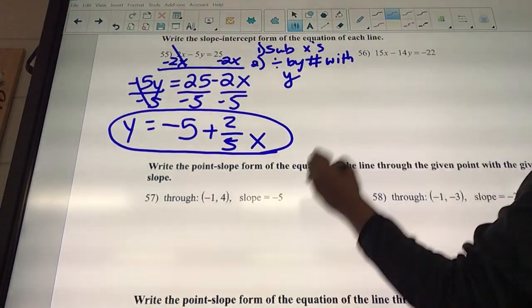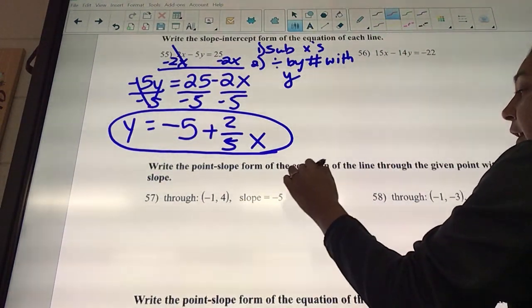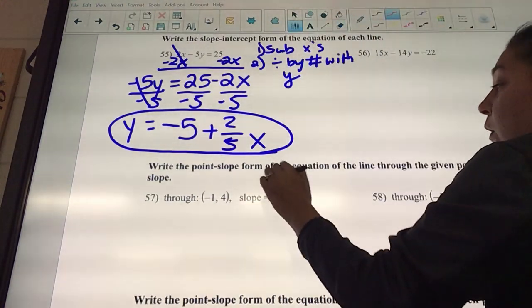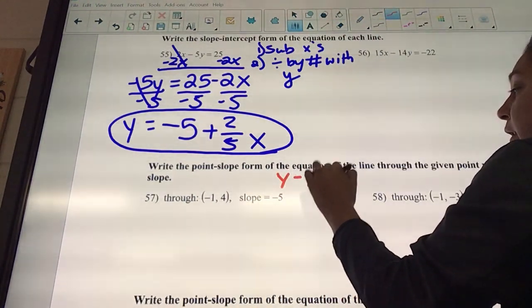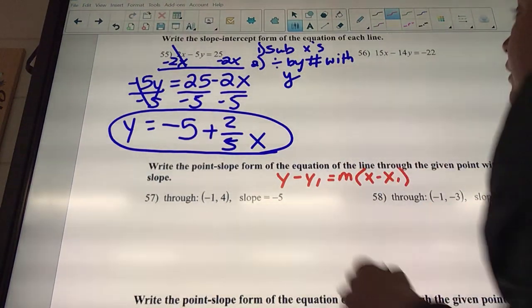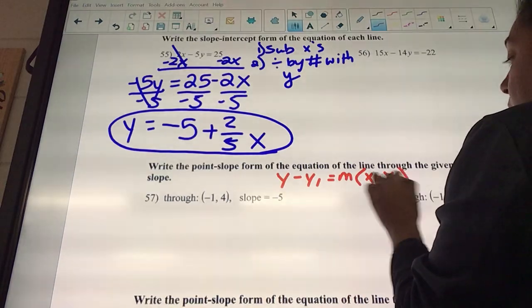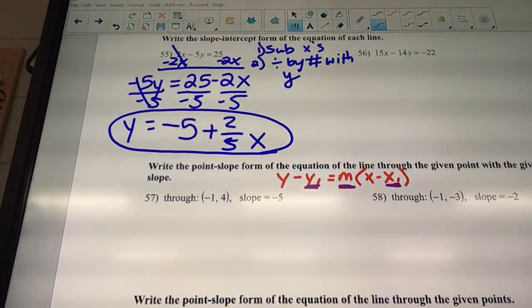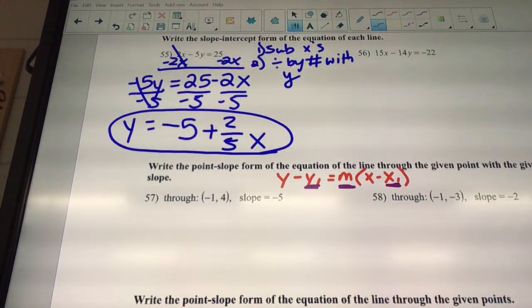Okay, this next one, you will need this formula: y minus y1 equals m times x minus x1. The x1, the m, and the y1 are the stuff that you're plugging in. The plain x and the plain y are already going to be there, that's part of the formula.